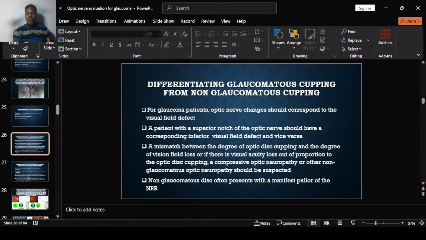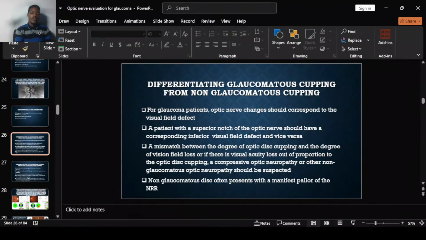So we want to see that if we are seeing optic nerve changes, it should correspond to visual field defect. But it's not always the case. There are some patients whereby you see cupping of 0.8, 0.9, they still have 6/6 vision. But most times you see that the optic nerve changes should correspond to visual field defect. So if our CVF is correct, we want to see those defects because of this large cupping, because they should marry each other.